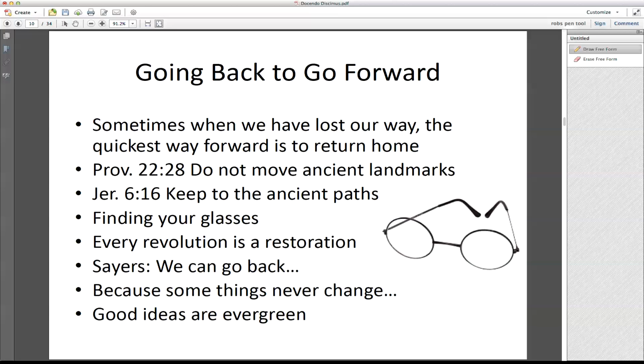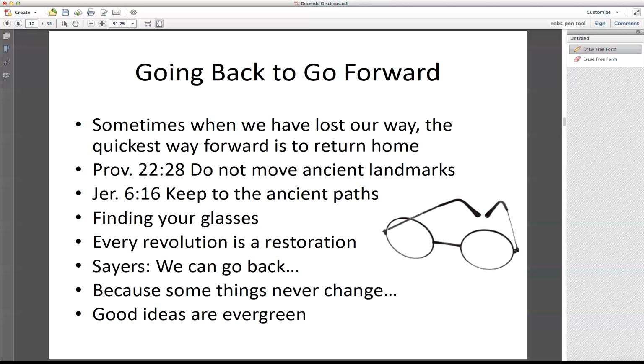Sarah says that we can go back in time, not as time travelers, and not in an antiquarian or nostalgic sense to say, well, let's use parchment again and quill pens and wax tablets. We don't go back in that sense. We can't go back to the 1700s or some other time you might choose.